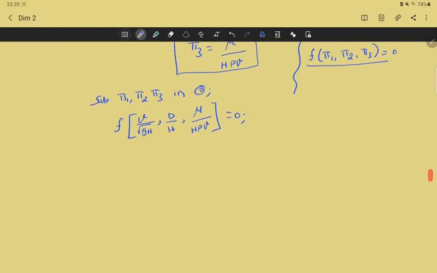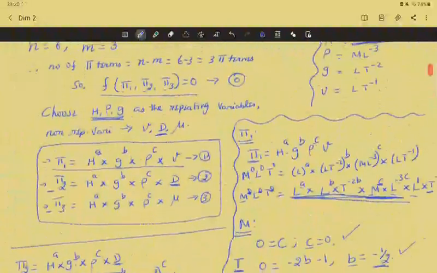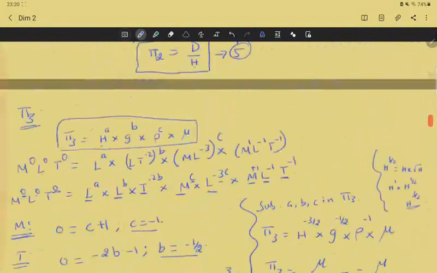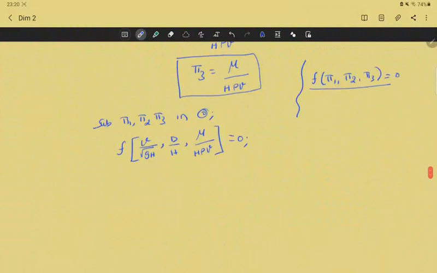Now all that I'm going to do is rearrange these equations, because we need v, that is the question. The question says the velocity of the fluid through a circular orifice is v, so v is what we need to put over here.